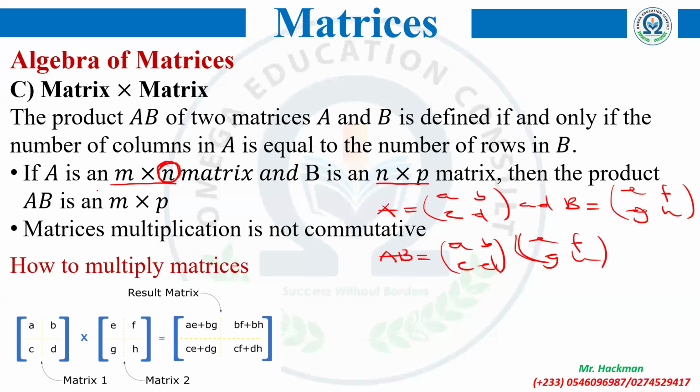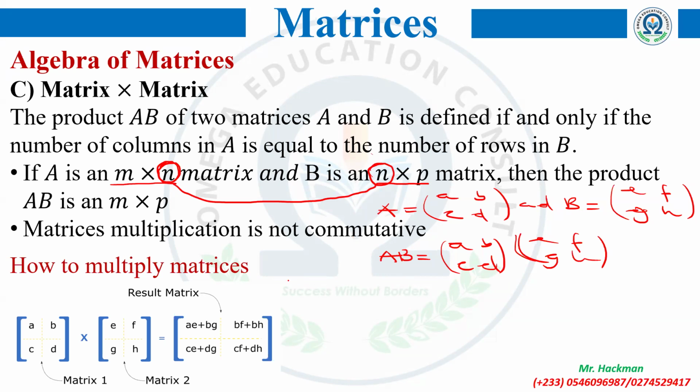Remember, m is the number of rows of that matrix. Then by your column is row by column. And if you come to your second matrix, what is the number of rows in your second matrix B? N. N, very good. So we are saying that whenever you have this situation where the number of columns of your first matrix is equal to the number of rows of your second matrix, then it means multiplication is possible.